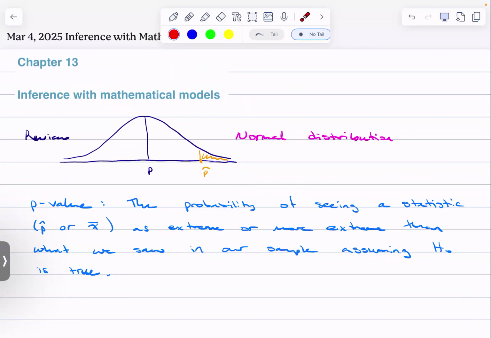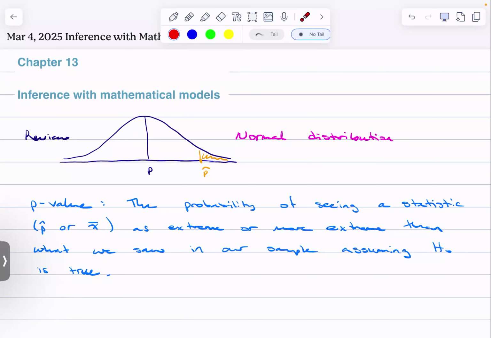We also talked about confidence intervals, and we built confidence intervals using the bootstrap, where we resample from our sample, pretending that our sample is now the population, and we generate many, many samples from our sample. And then we were able to build confidence intervals.